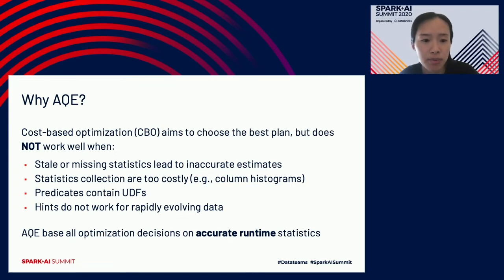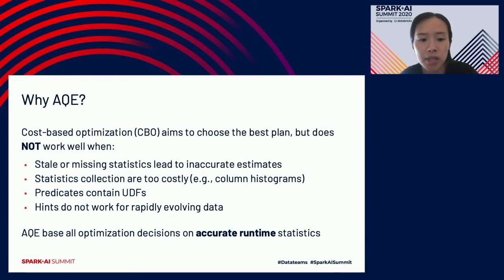For example, predicates containing user-defined functions can be very much just like a black box, making selectivity or cardinality estimate literally impossible. Some users may try to rely on optimizer hints, but they do not always work either, especially with rapidly evolving data where previous assumptions of the data characteristics might not hold for the latest dataset.